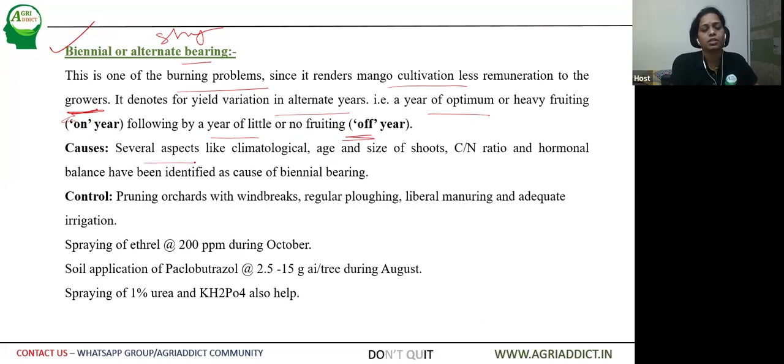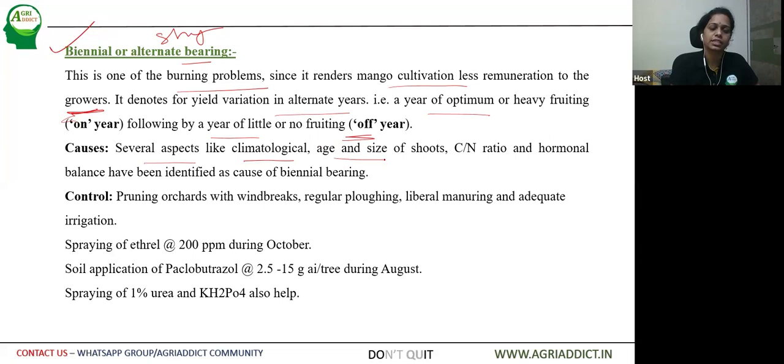What might be the major causes? As I told you, these are climatological, abiotic and biotic stresses, and depending upon the cultivar also, we can naturally expect alternate bearing.